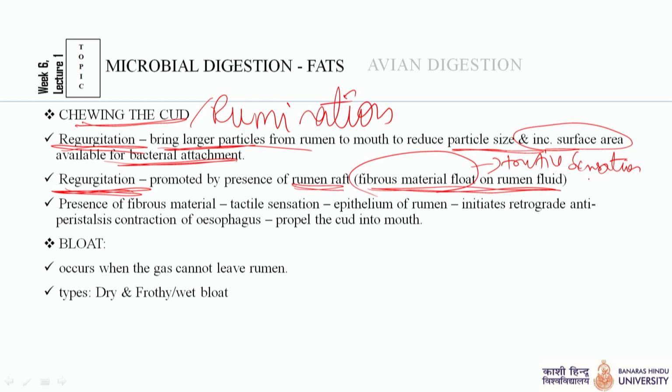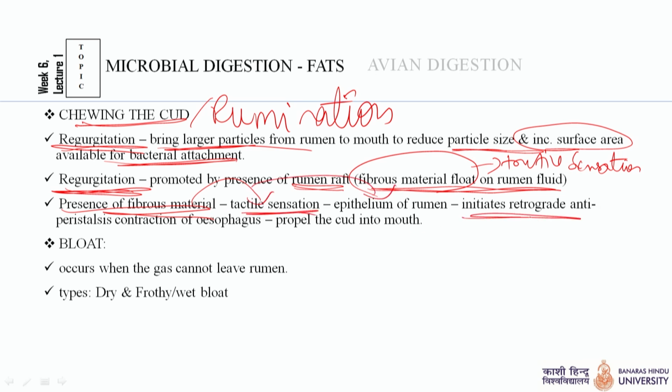Then the rumen wall will cause a retrograde antiperistaltic movement. As a result, it brings the food particles from the stomach, that means the rumen, to the mouth, and then they go for remastication, and redeglutition takes place. The presence of the fibrous material, I told, results in the tactile sensation of the epithelium of the rumen.